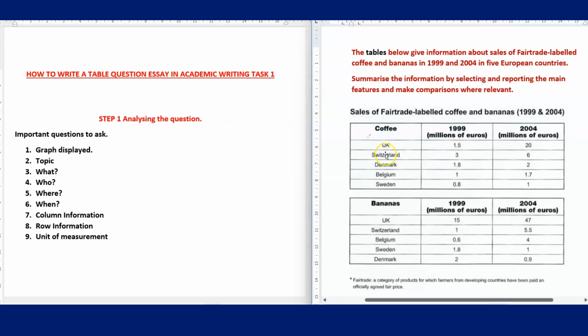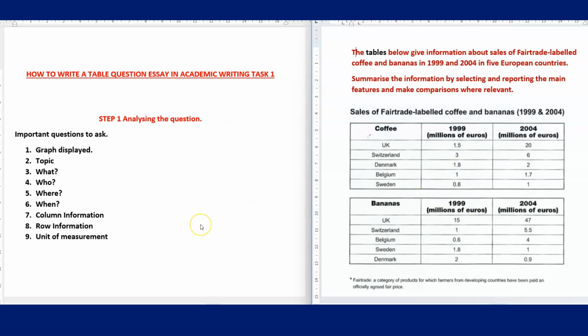Okay, so Switzerland bought 3 million euros of coffee. Okay, so they bought the coffee amounting to 3 million euros. Denmark bought coffee amounting to 1.8 million euros in 1999 alone. So now you understand that the unit of measurement is also important.